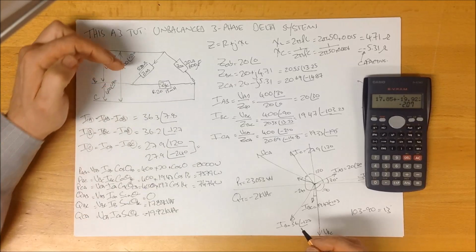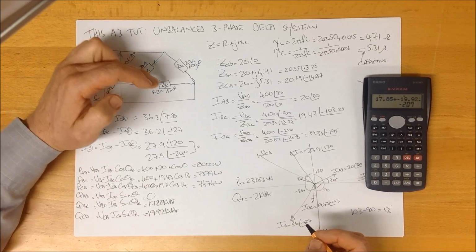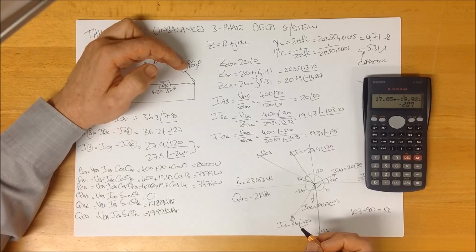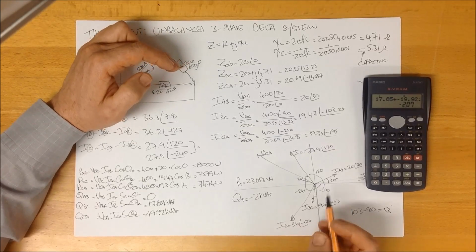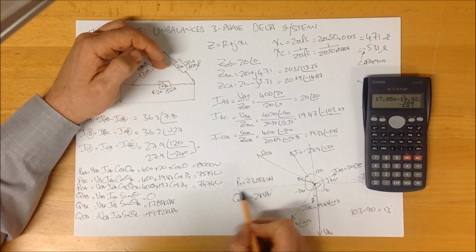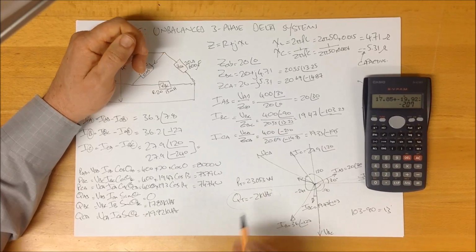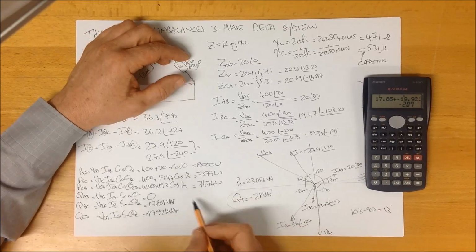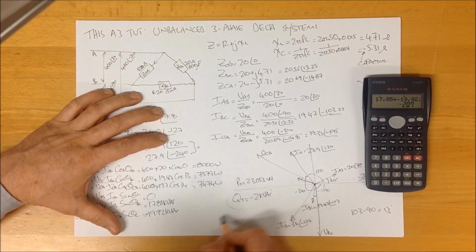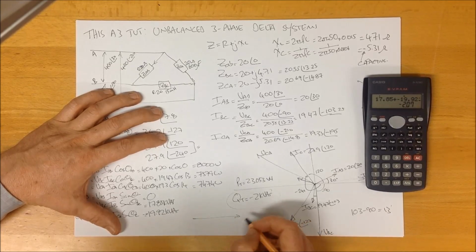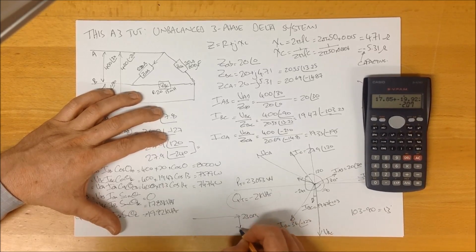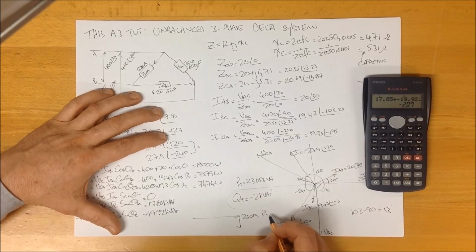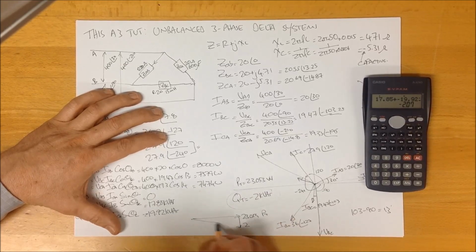So, despite the fact that our system has a pure resistance and an inductance, the size of this capacitance and the frequency that the system operates at means our total system is actually capacitive. If we looked at this in the power factor triangle, we would have a real power here of 23053 and a Q of 2.